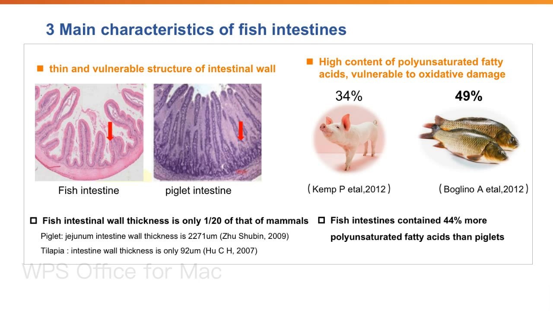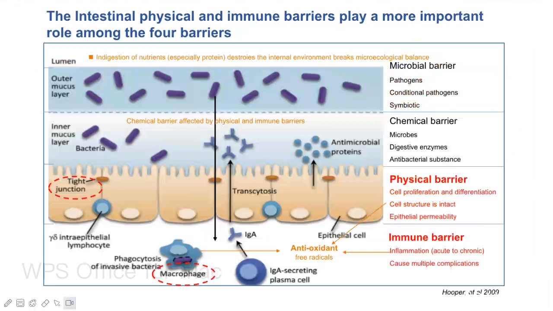The content of polyunsaturated fatty acids in the intestine of pig is 34%, and that of carp is 49%. Therefore, aqua are susceptible to oxidation damage from peroxides in the feed, such as oxidative rancidity of the fish meal and oxidation of lipids.